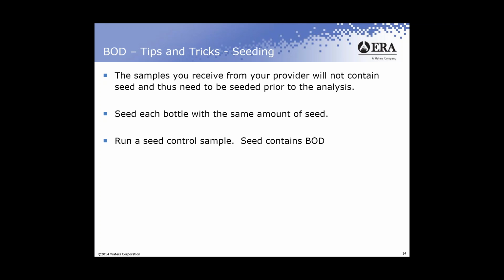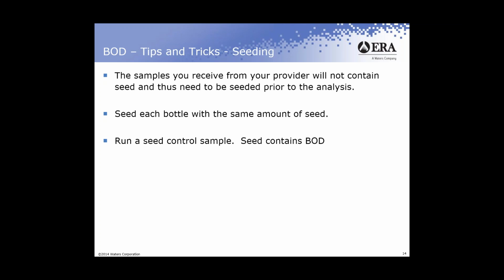The seed contains DO, and it's going to have a pretty dramatic effect on your calculations. So if you seed that nutrient water as opposed to seeding each individual bottle, you're going to put varying amounts of seed in there, and it's going to give you inconsistent results. So I would highly recommend making sure that we seed each bottle.